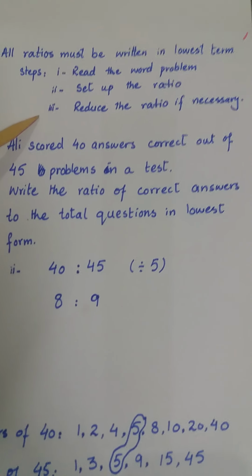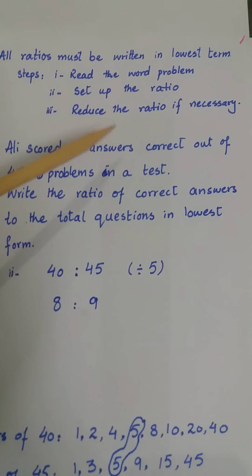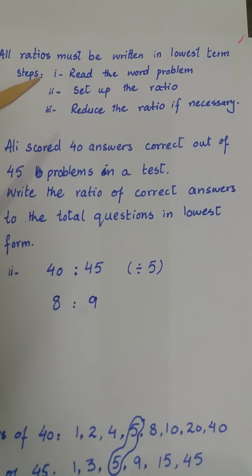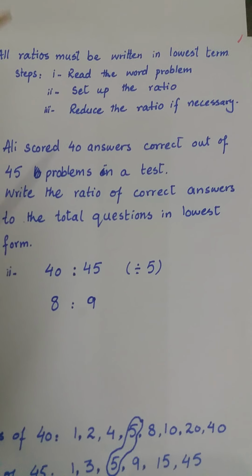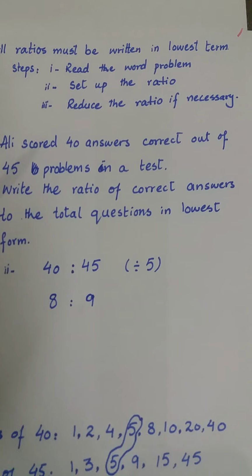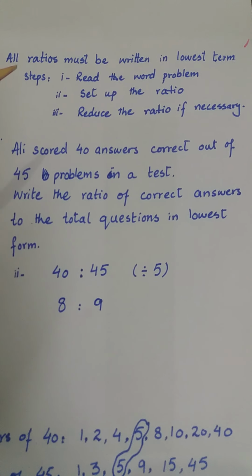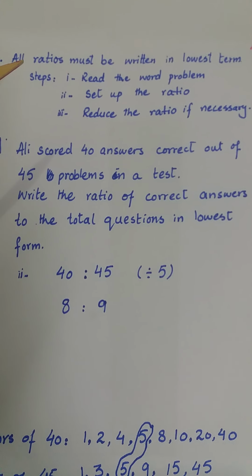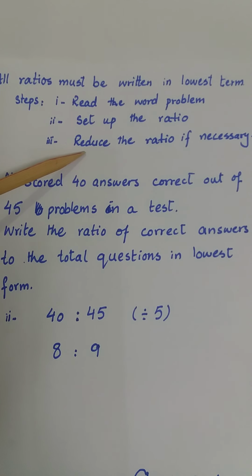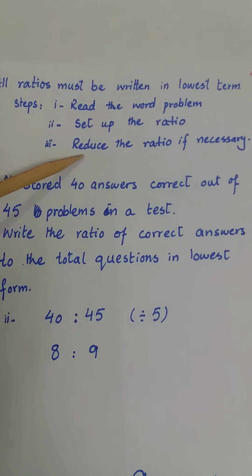Third one is reduce the ratio if necessary. Sometimes you may reduce it and sometimes you don't. Reduce means you will divide both numbers by the same number. Same number means dividing it with the highest common factor.